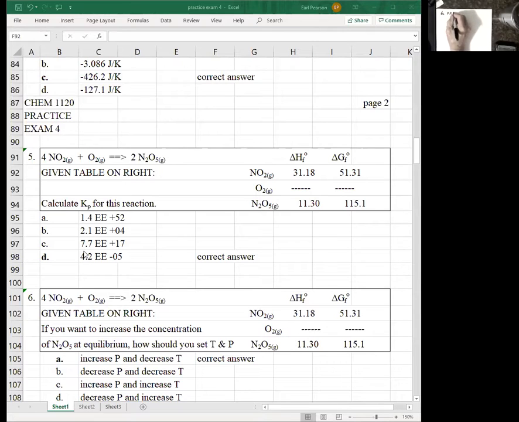4 NO2s. Everything's gaseous, so I'm not going to write the subscripts. It gets too cramped. And we've got 2 N2O5. Okay, let's go back over.